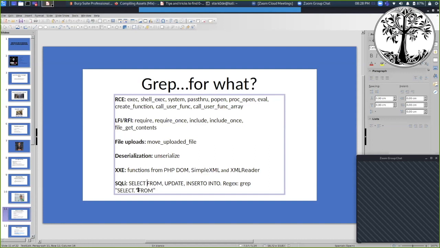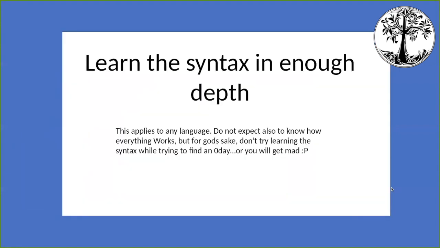But you want select and you want from. For example, this dot and this star mean whatever, like select whatever from. It's just a way of grepping for these two things at once, a way to make the grep more precise. All right.